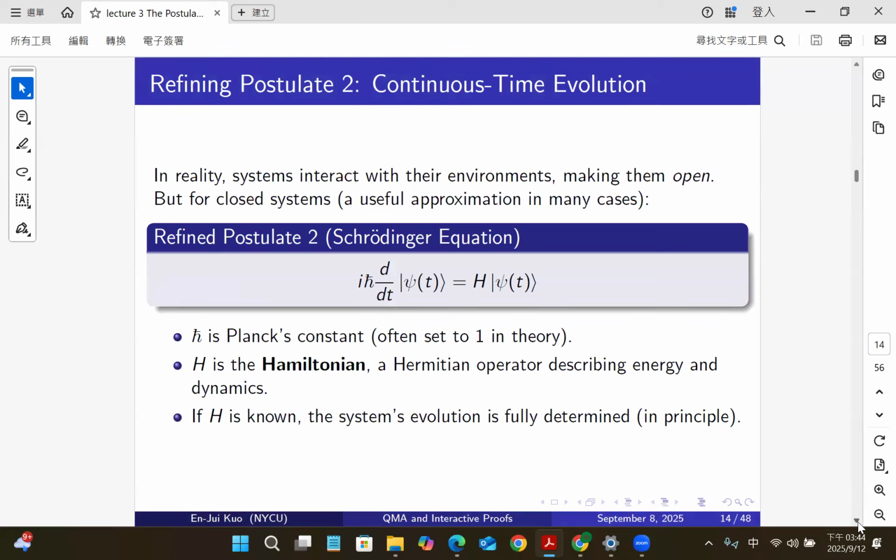Okay. So the next point is that previously you were only allowed to apply unitaries. But in physics, sometimes there is a formula in the equation that tells you how the state evolves, with a Hamiltonian applied on the state. So you might feel, oh, maybe this is different from postulate 2.